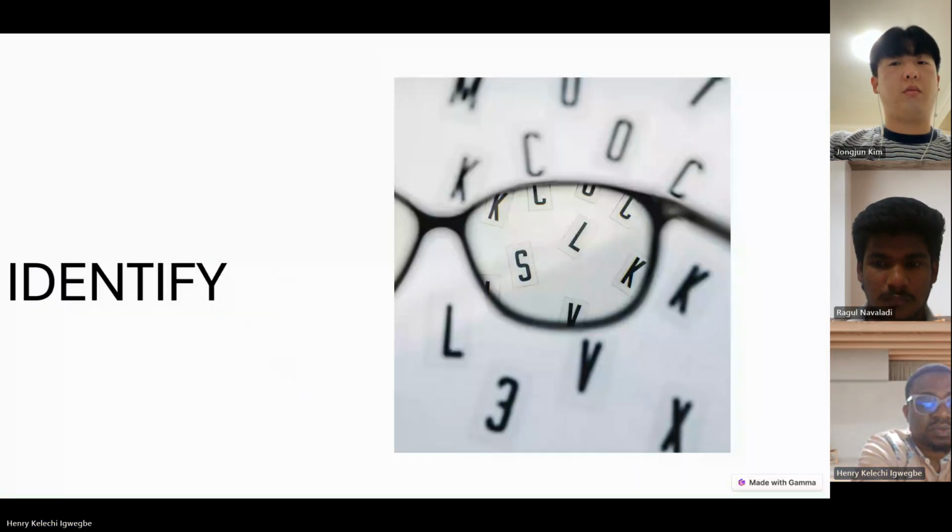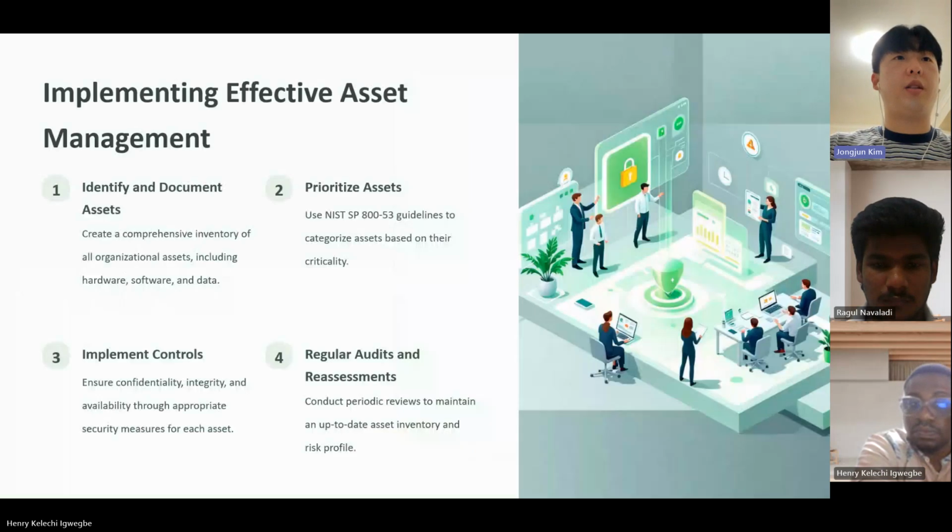Thank you. Right. Hello, my name is Jongjun Kim. I will present strategies for identify and protect within the context of cybersecurity. The first key area in identify is asset management. This involves systematically identifying and documenting our organizational assets and prioritizing them based on their importance.